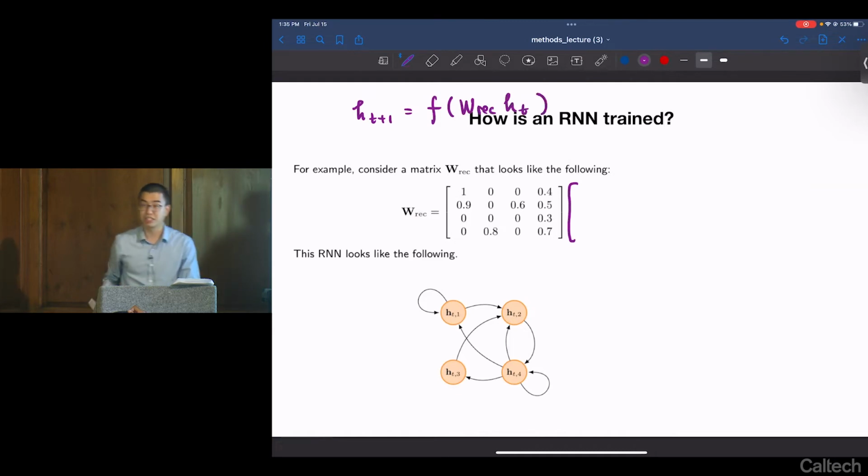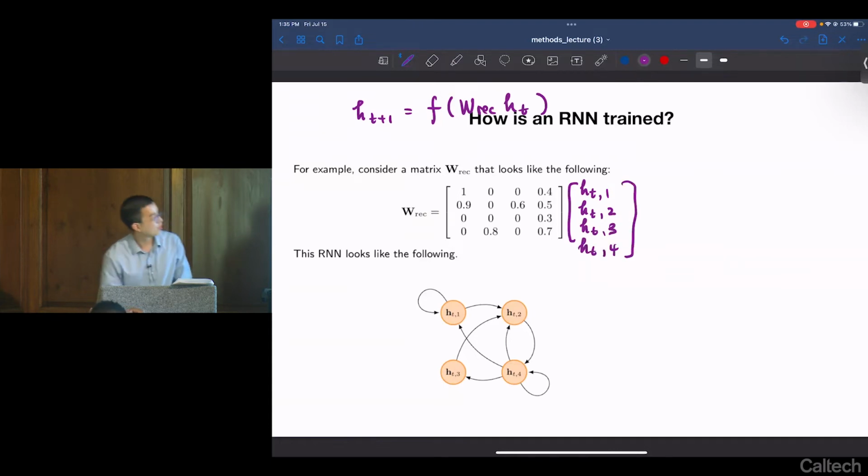Let's just ignore the inputs for now. So if I put h of t here, h of t is going to be a vector that is, in this case, 4-dimensional because I have 4 neurons. So I'll write h of t,1 for the first neuron at time t, h of t,2, h of t,3, and h of t,4. Hopefully that's still legible. All right. And I apply f to this.